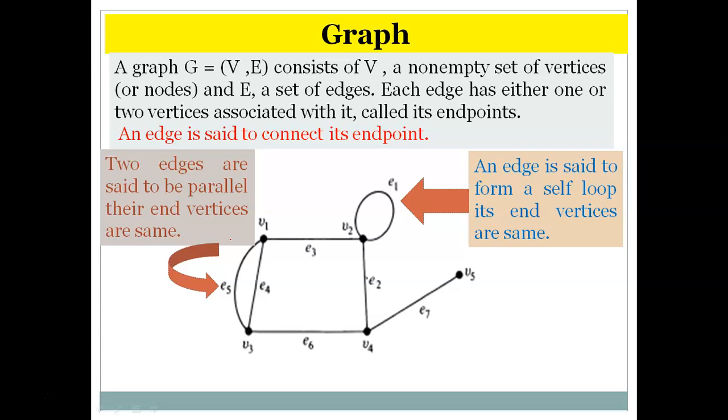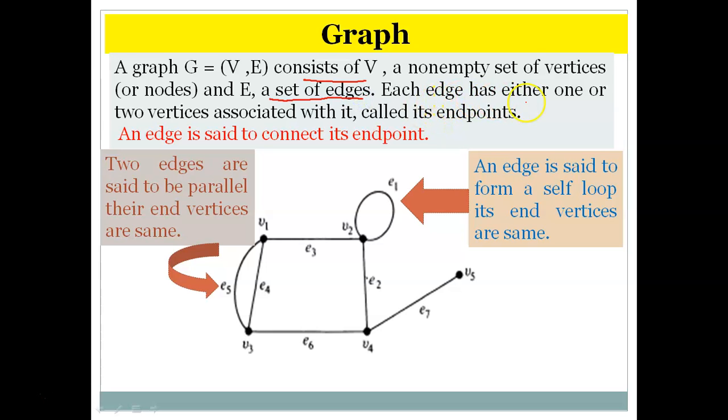A graph G, mathematically or symbolically, is represented by this pair V comma E. Here the symbol V represents a non-empty set of vertices or nodes, and the symbol E represents the set of edges.